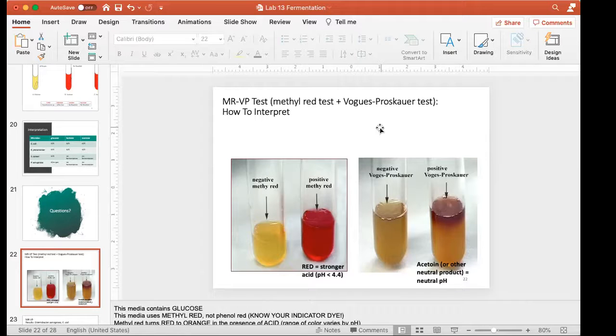These 2 tests are going to give us an indication of what kind of acid, generally speaking, is being produced through fermentation, and what's happening to that acid. Does the cell do anything with it in particular related to converting it into something neutral? And one of the most common neutral products that get made from acid is this molecule called acetoin.